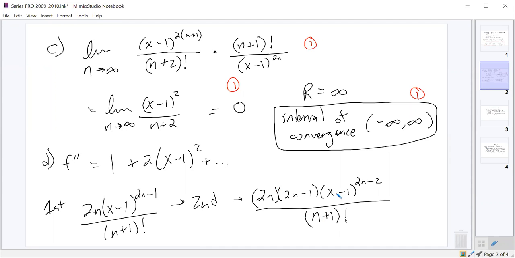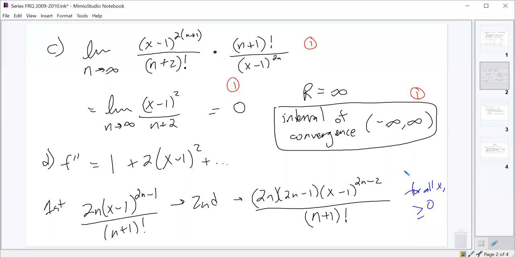And so if n is 2, this is also going to be positive. And then x minus 1 to the even power is always going to be positive, and n plus 1 factorial is always going to be positive. And so we know that for all x, this is greater than or equal to 0, because if x was 1, then it would be equal to 0.